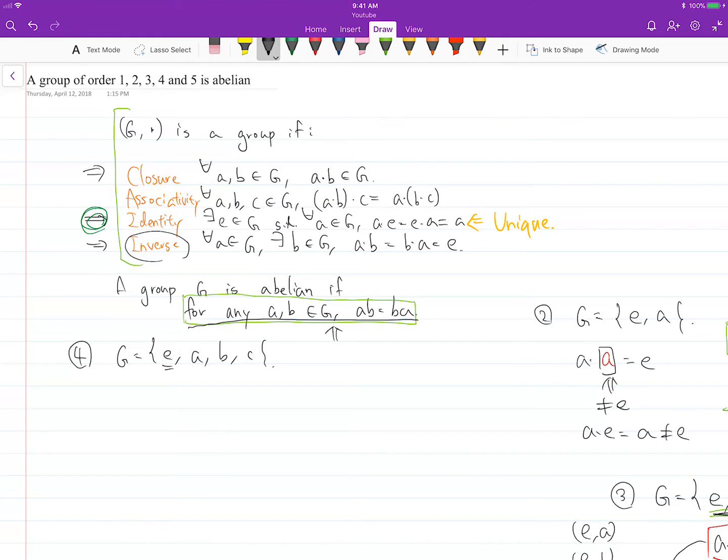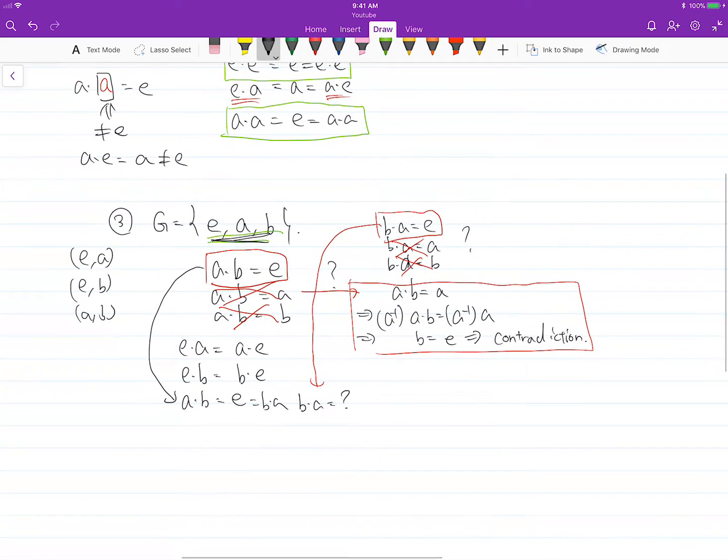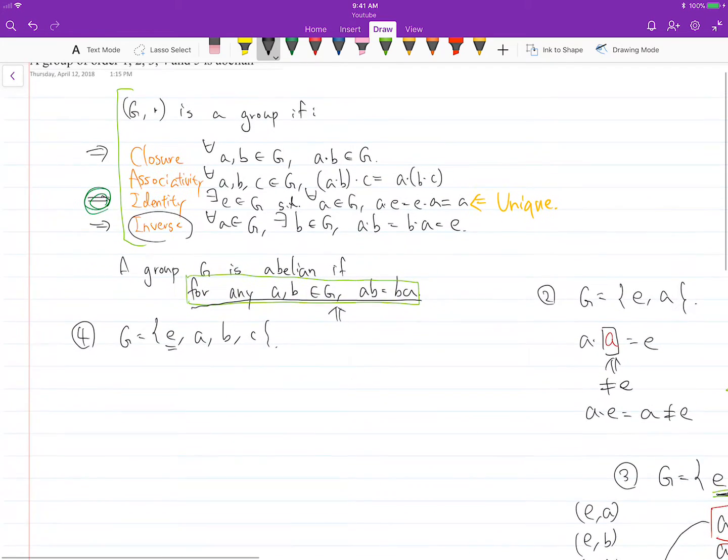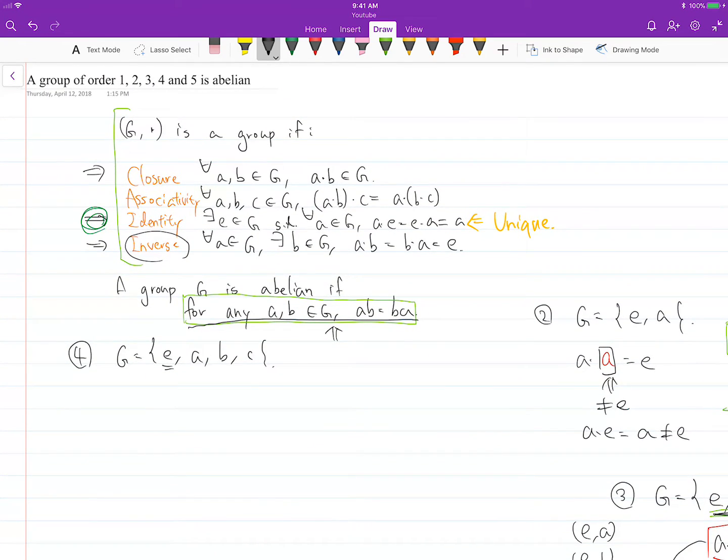For example, when we were talking about a group of order 3, we know that A times B is always E. There is no group in this world where A times B becomes B if the group has order 3. And that's not true in this case, as in there are 2 possible structures for a group of order 4.